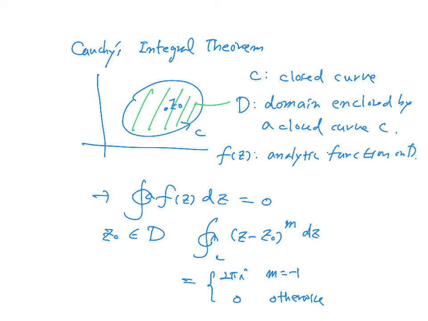And this result can be simplified, instead of using two lines, with the delta m, minus 1. I found that many students are not familiar with this notation. It's called the Kronecker delta. So delta m comma minus 1 means when m is equal to minus 1, the result is 1, and otherwise 0.